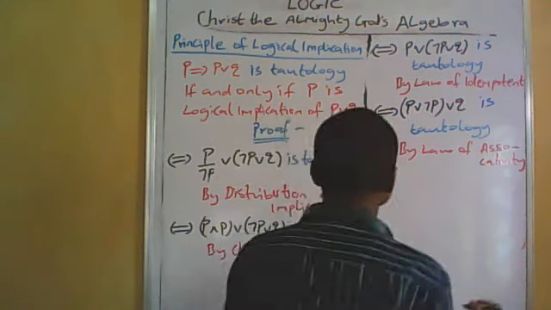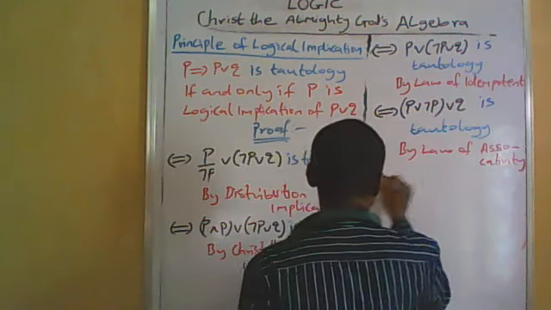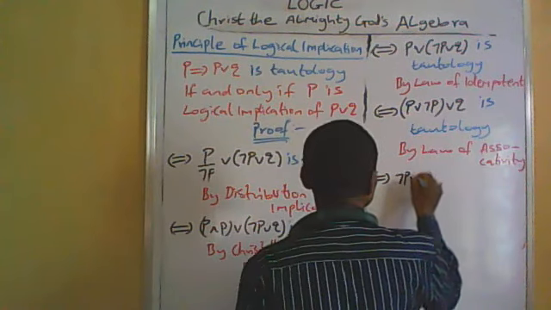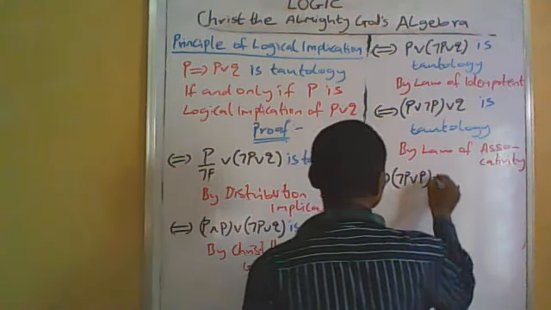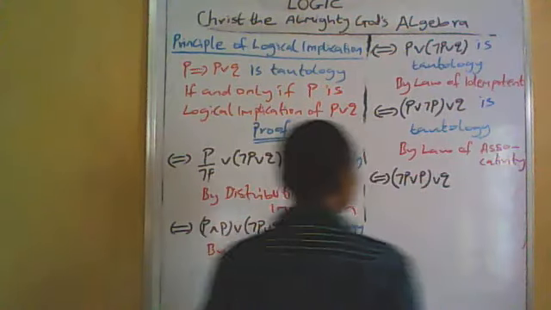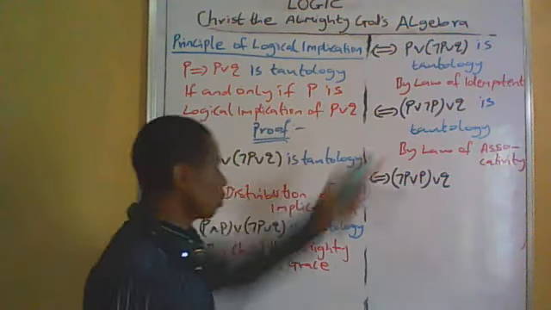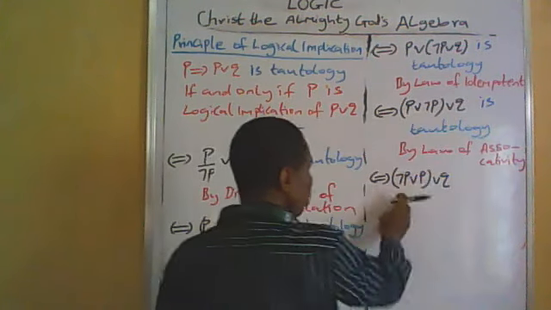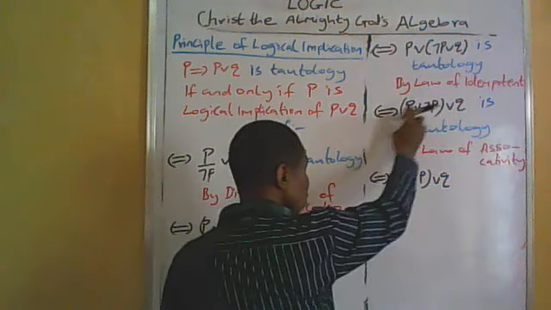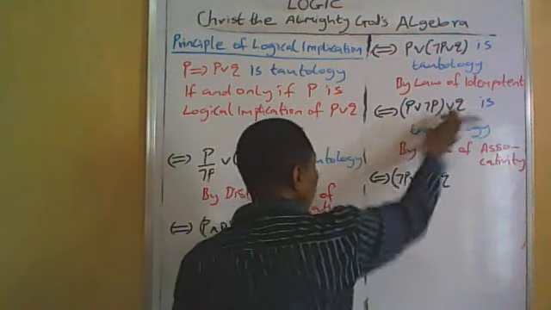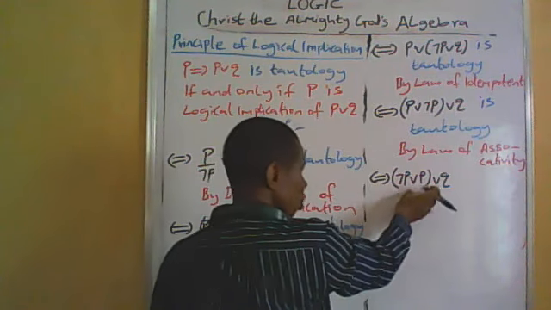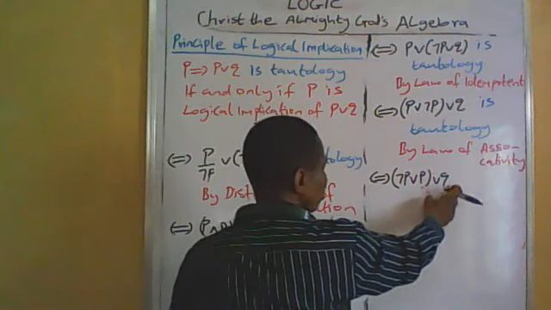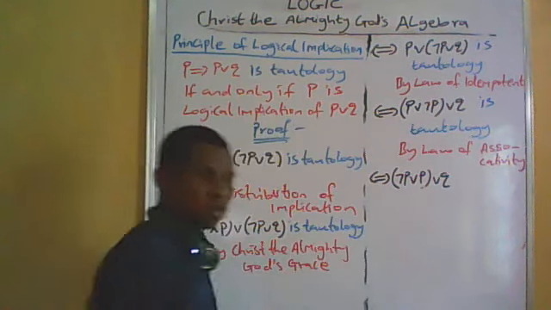We continue. Say if and only if not P or P or Q. Is still substitute this P or not P or Q with not P or P or Q by law of commutativity.